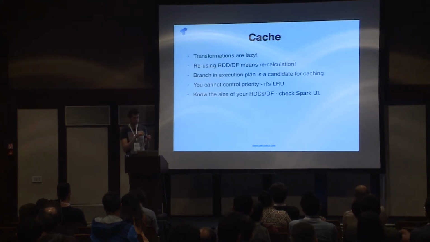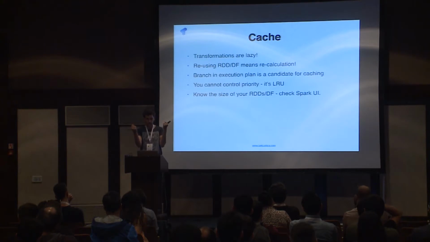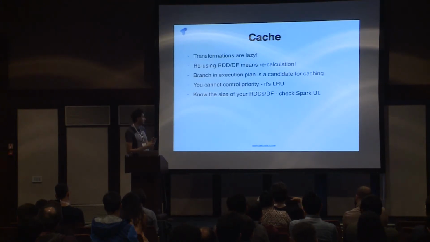You cannot say that, oh, this RDD or this data frame is more important for me. It will be just an LRU algorithm. So if you are caching two different data sets, it might be that because you are caching the second one, you will lose the previous one. So make sure you understand what you really want to focus on to make smart decisions about caching.